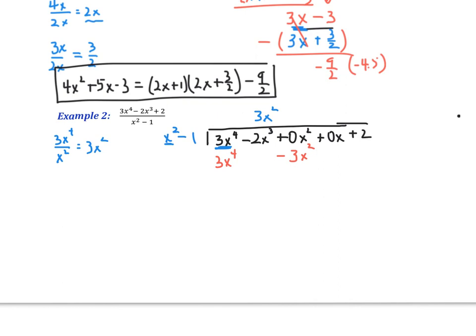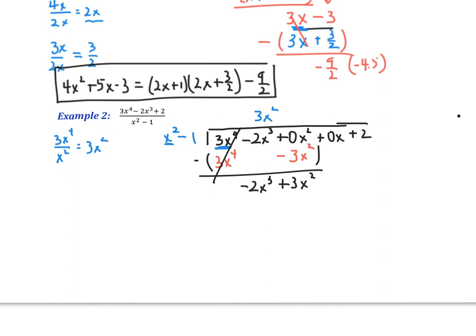I have to remind myself that I am subtracting. Okay, so when I go to do this, 3x to the 4th minus 3x to the 4th cancels. I've got my -2x cubed subtracting nothing, so therefore this stays. And then I've got an x squared minus a -3x squared, which becomes a positive 3x squared.